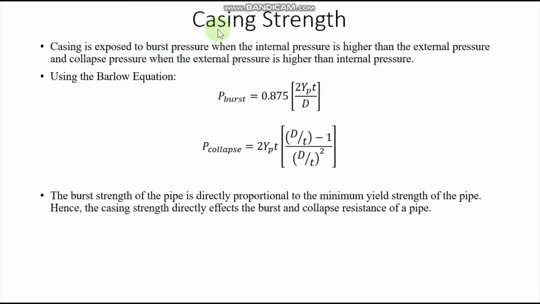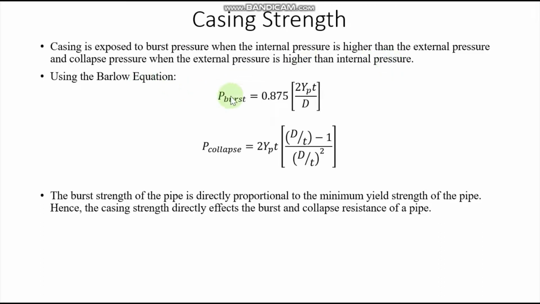The casing strength is expressed in terms of the minimum yield strength of the casing itself. Casing is exposed to burst pressure when the internal pressure is higher than the external pressure. This creates a net pressure causing a burst, and collapse pressure occurs when the external pressure is higher than the internal pressure, causing a net pressure pushing the pipe inwards.